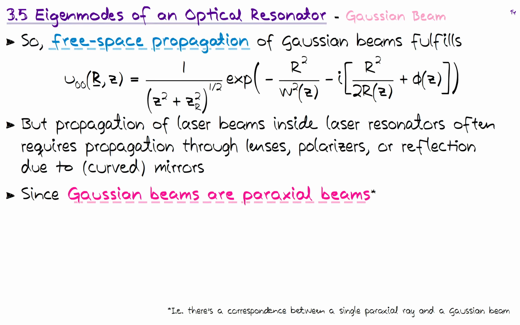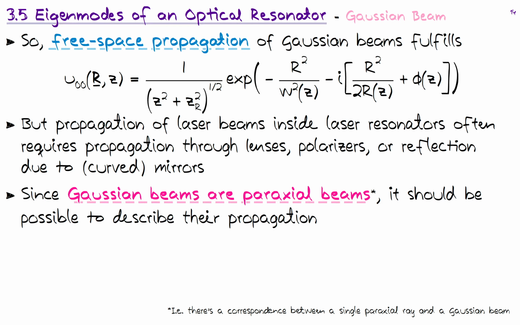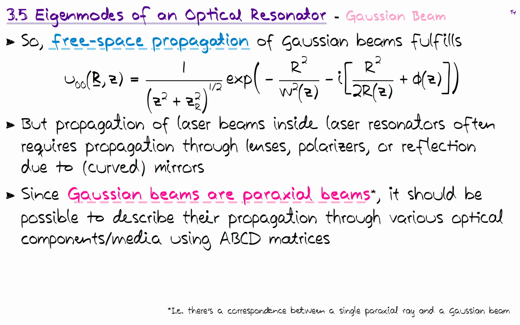And the absolutely nice thing here is that since we are dealing with Gaussian beams, which are paraxial beams, there is a correspondence between a single paraxial ray, a single geometrical ray, and a Gaussian beam. We can describe the propagation and modification of these Gaussian beams through various optical components using the ABCD matrices we have already stumbled upon.